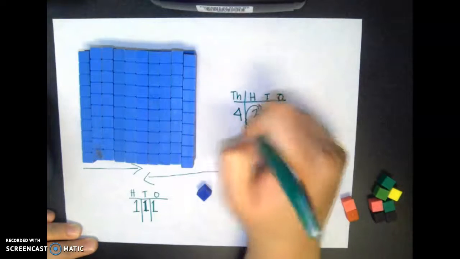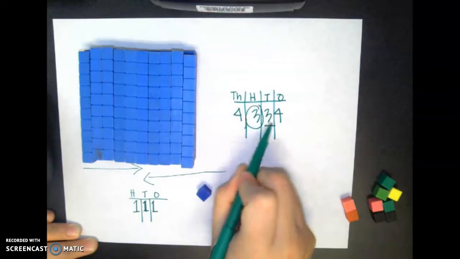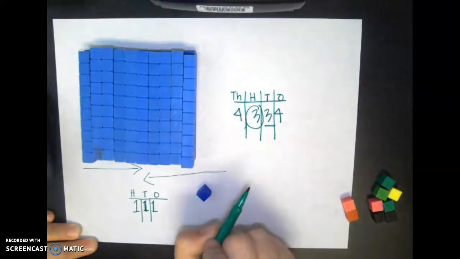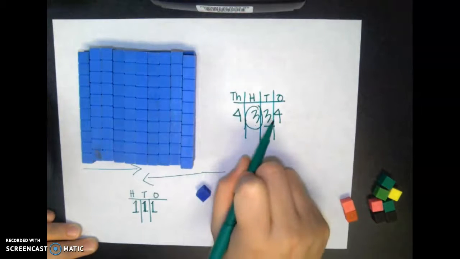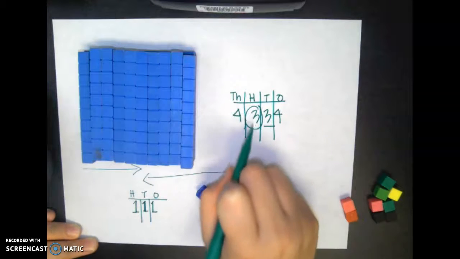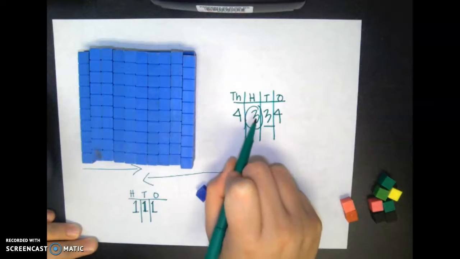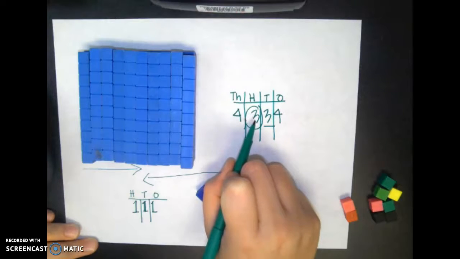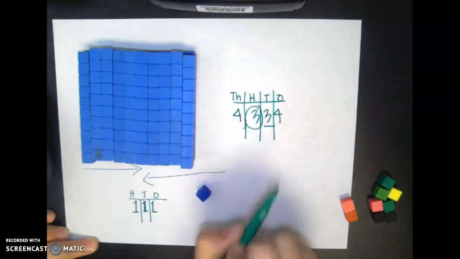I'm only going to be comparing these two place values, my hundreds and my tens. So which place value is bigger? My hundreds is bigger than my tens, so the 3 in my hundreds place value has a value of 10 times more than the value of the 3 in my tens.